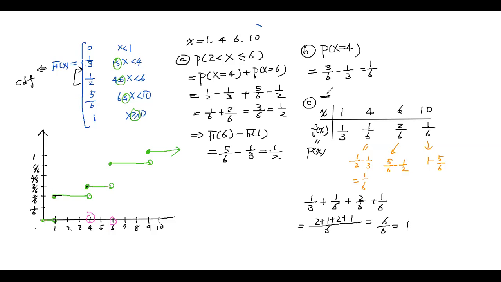So what is this? The part C, this is our probability distribution, right? So this function f of x here, we changed to the PDF, right? Okay, so for this problem, be careful, this is given a CDF, given cumulative, then you want to find the PDF here, okay?